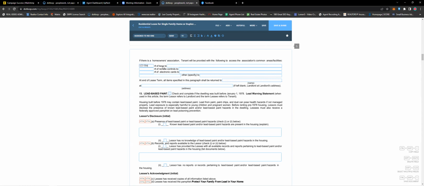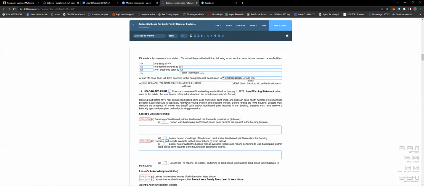I'm going to put NA in these boxes here because we're making believe there is no HOA. And then return it to Waterfront Realty Group at 3066 Trail North, Suite 202, Naples 34103.